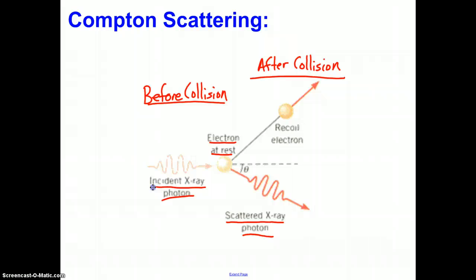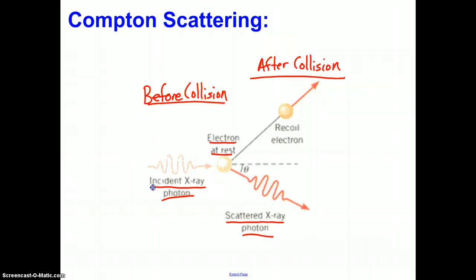Now we're going to take ourselves through the same questions as if this was a collision in our momentum unit. What objects, if any, have momentum before they meet? Well, the only objects that are moving in this diagram are the X-ray photons.